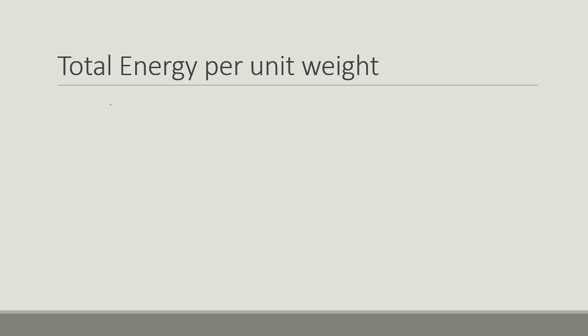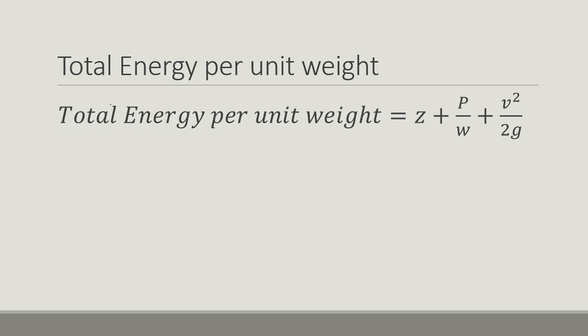So the total energy per unit weight is z plus p over w plus v square over 2g. That is the potential energy per unit weight plus the pressure energy per unit weight plus the kinetic energy per unit weight.